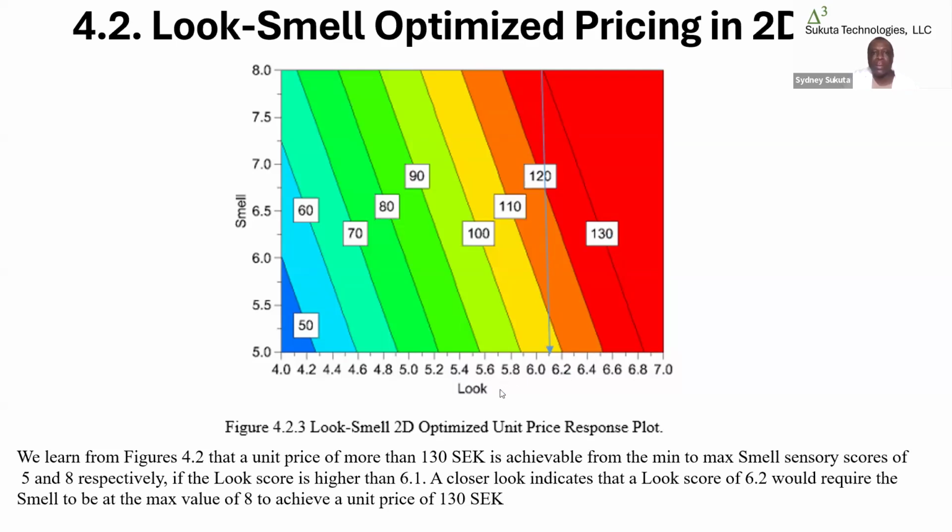Okay, so that's that. So as look increases in better appearance, and the smell is at 8. In fact, throughout the whole range, the smell is not unique here. Just about any value of smell, it will work. So I wouldn't worry too much about it, but just make sure that your look is over 6.1.